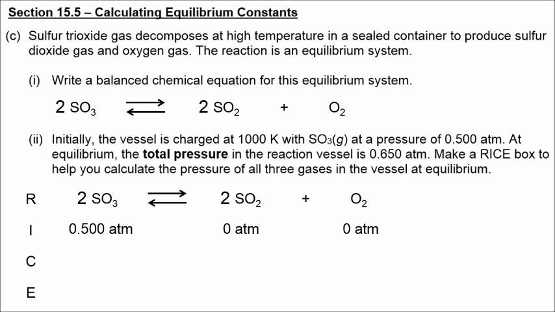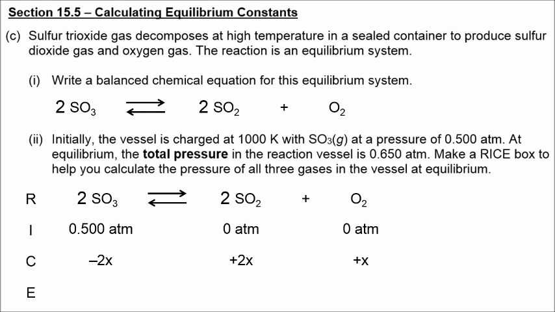Over time, the concentration of SO3 is going to decrease, and I'm going to say minus 2x because the coefficient is 2. The concentration of SO2 will increase. I'm going to say plus 2x because the coefficient is 2, and the amount of O2 is also going to increase, but now it's plus x because the coefficient is 1.